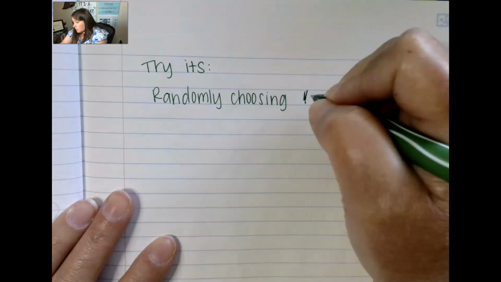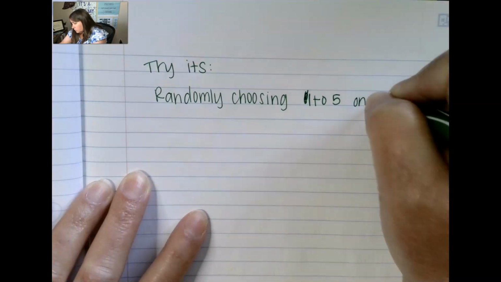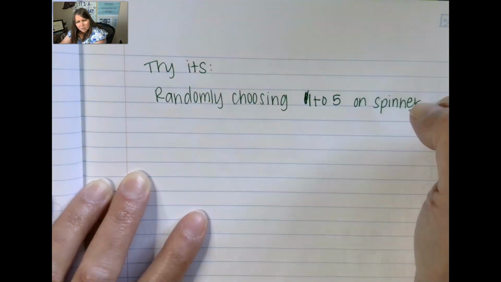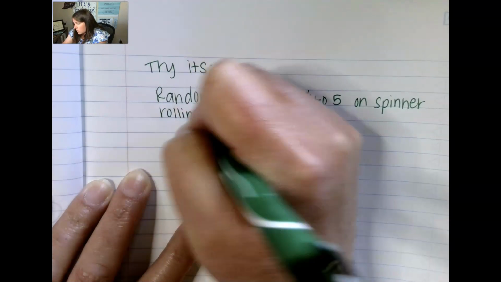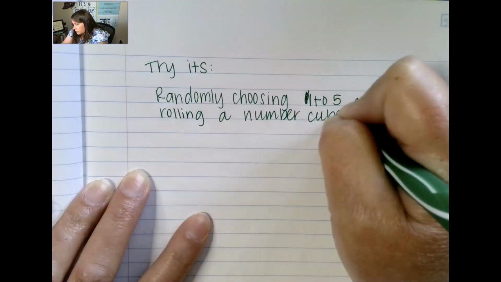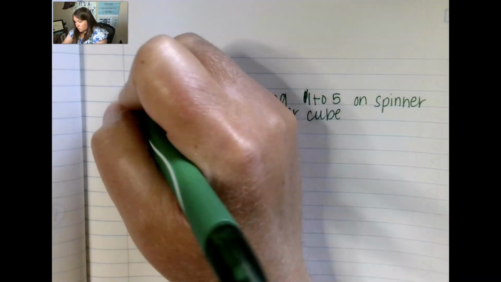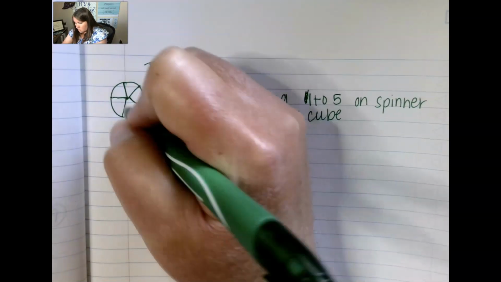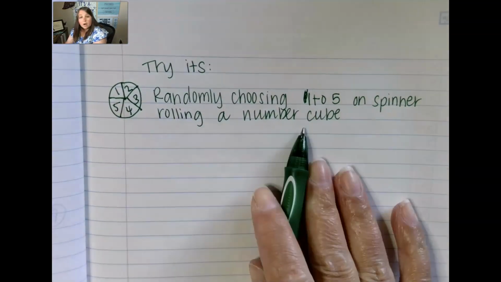Randomly choosing 1 to 5 on the spinner. And I'm going to add in a second thing, because that would just give us 5 since we only have one event. Or rolling a number cube. So we have a spinner that's 1 to 5, there's your spinner, or a number cube.